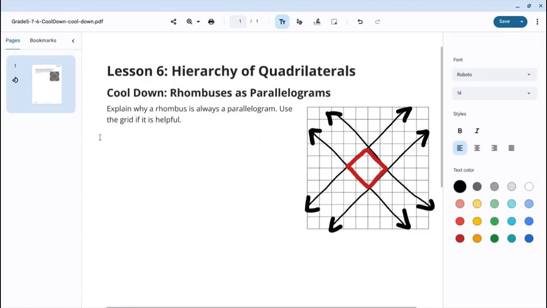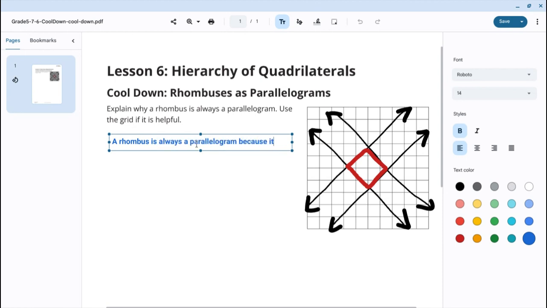So now I'm going to switch and we are going to bring our color to a nice blue. And let's go ahead and type out a word answer that's going to explain the thinking that we just did on the grid, but also as we talked it out. So we're going to say that a rhombus is always a parallelogram because its opposite sides are parallel.